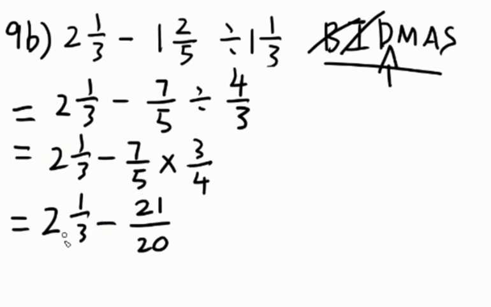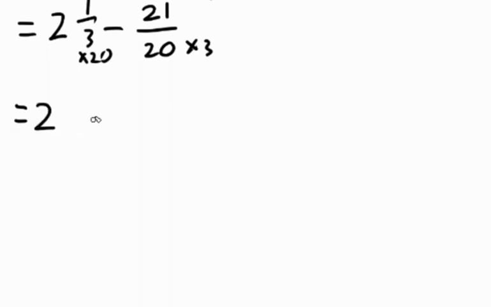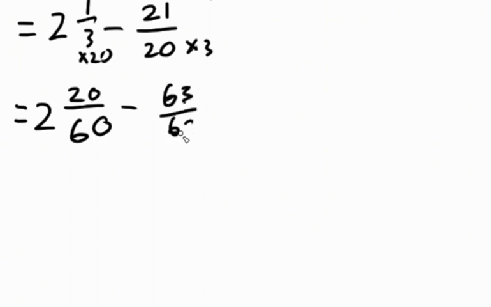So now we can multiply these fractions to have the same denominator. We can multiply this by 20 and multiply this by 3. So 2 and 20 over 60 minus 63 over 60. And since 20 minus 63 will become a negative, we can take one of this whole number and add it into the fraction.